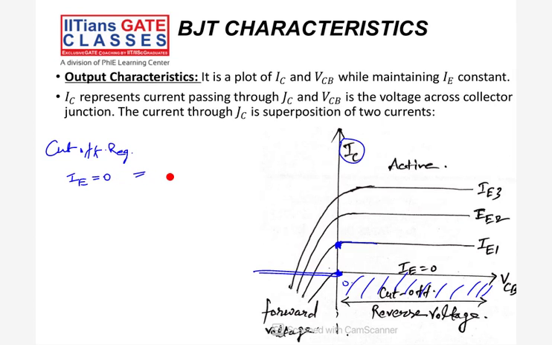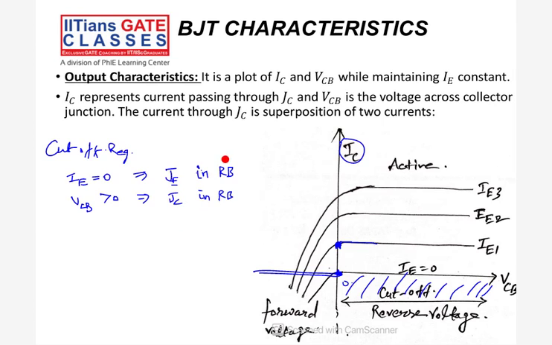In that case, JE, the emitter junction, is reverse biased. And the second thing, VCB is greater than 0. So this collector junction is also reverse biased.